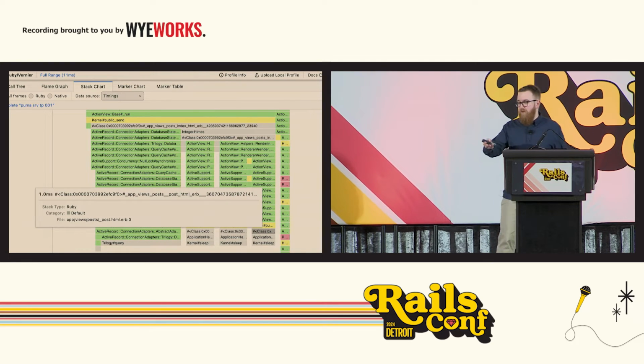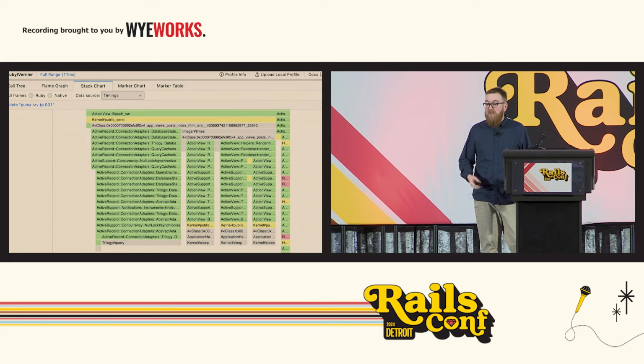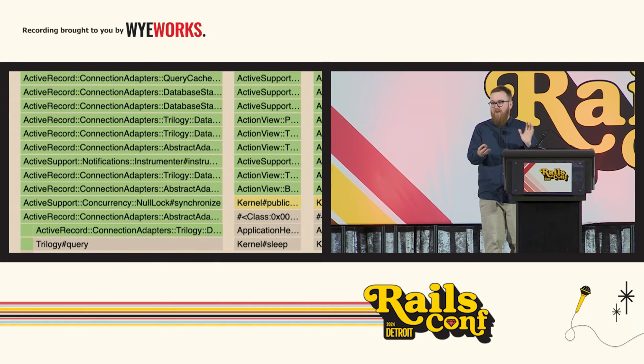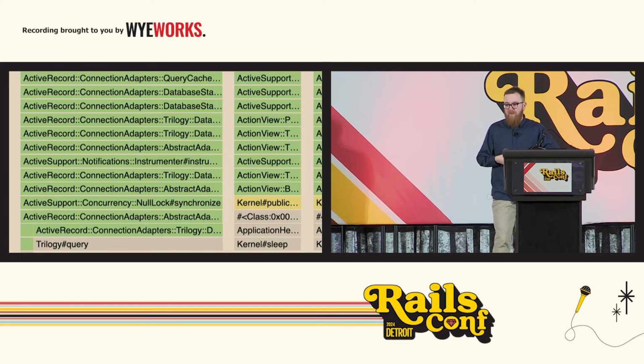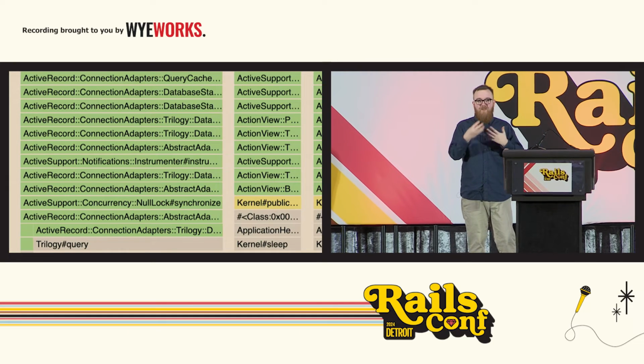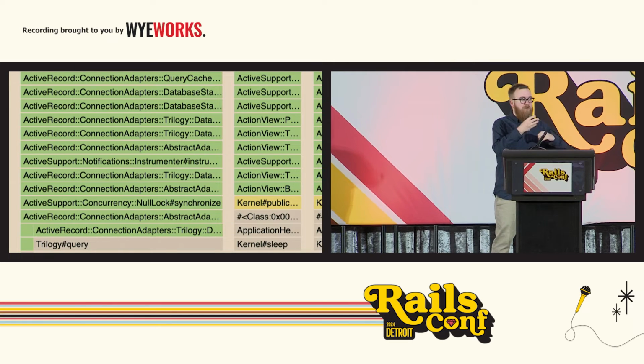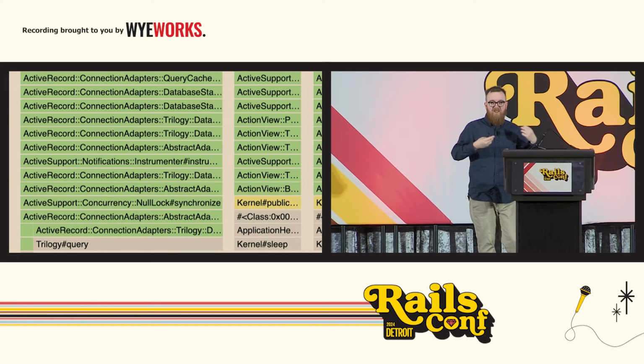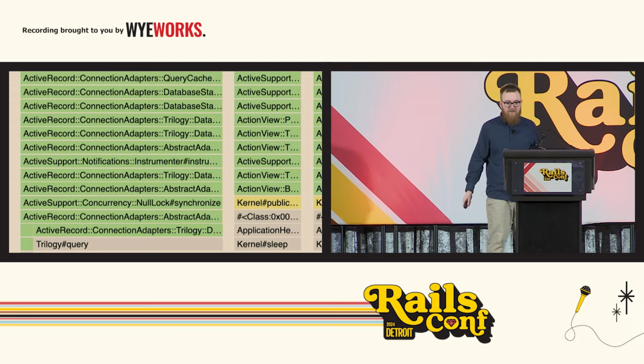And we can mouse over them, double-click them, see lots of data in this. Again, this is a great way to get more familiar with the internals of a framework. Things like Active Record making a query is one of the hardest things to parse out from just reading code. But when you run this in a profiler, it shows you the order that all of these things are run. And I think that can really help out.